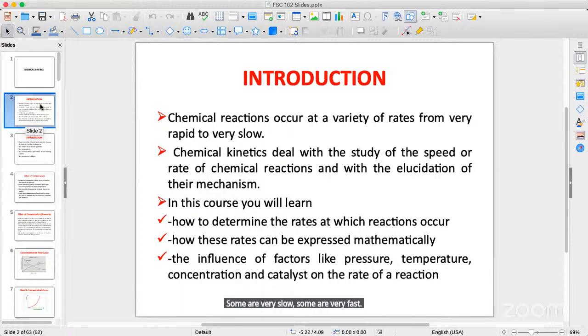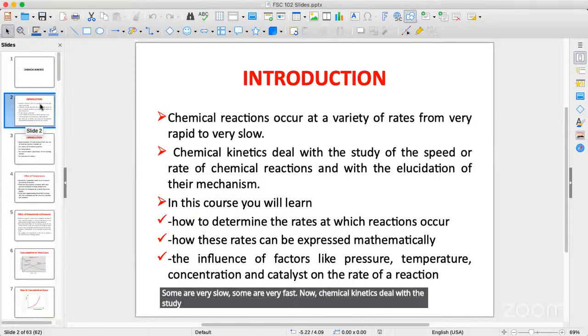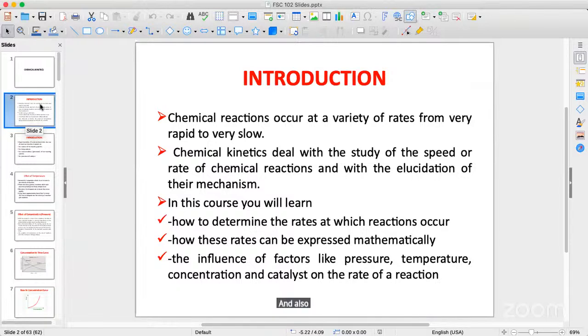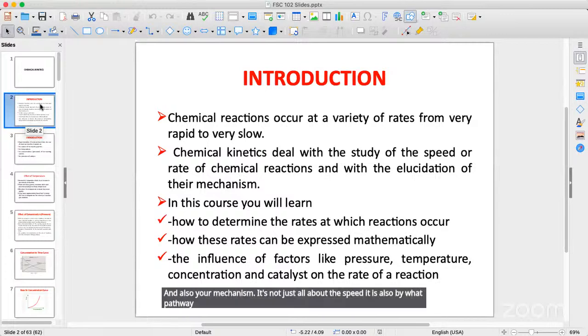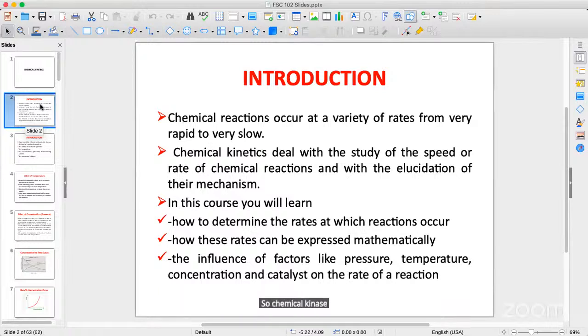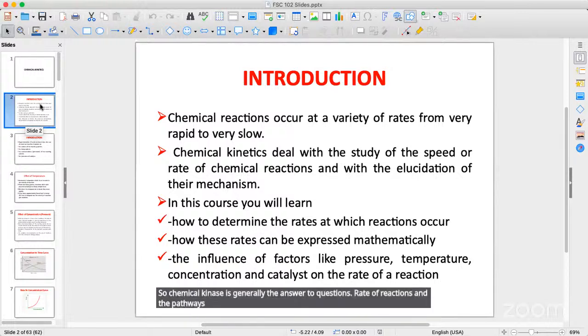Now, chemical kinetics deals with the study of the speed of chemical reactions, or the rate of chemical reactions, and also their mechanism. It's not just all about the speed, it is also by what pathway or through which pathway do these reactions occur.